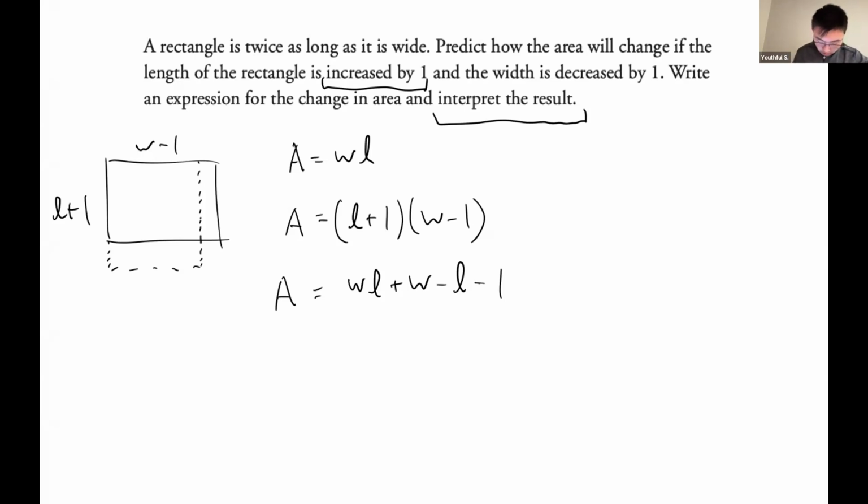Let me see here. Length by 2w. So wait, how do you know length is equal to 2 times the width?